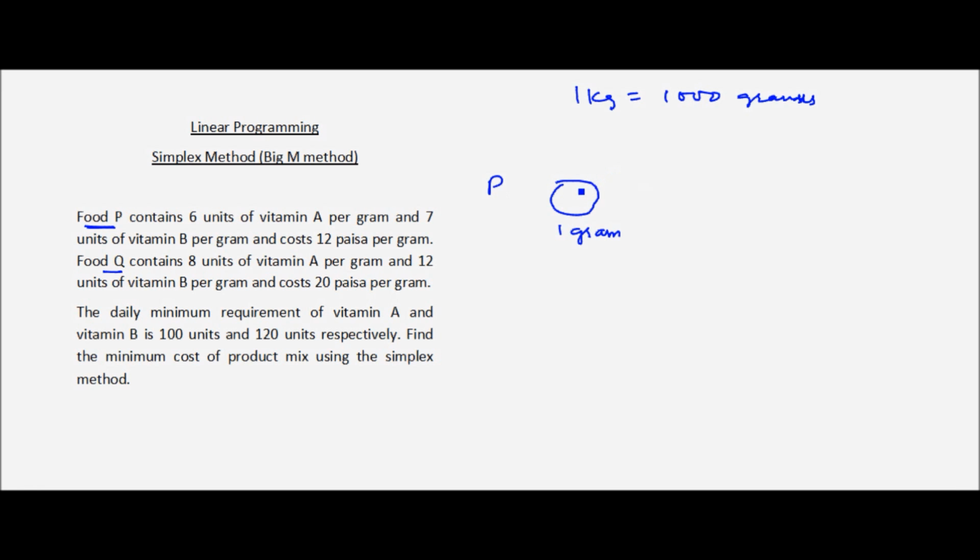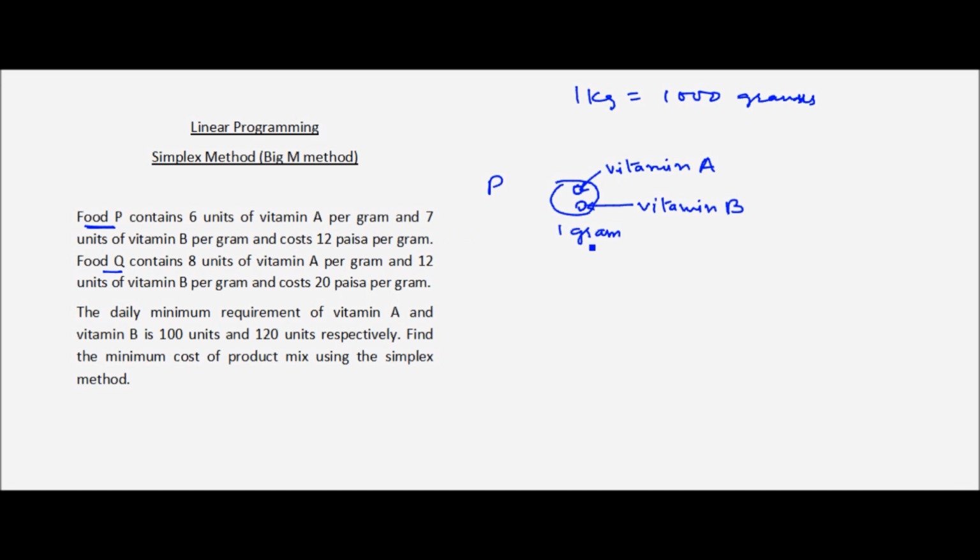So 6 units, let's say this portion represents 6 units of vitamin A, and 7 units of vitamin B. So let's say this is 7 units of vitamin B, and costs 12 paise per gram.